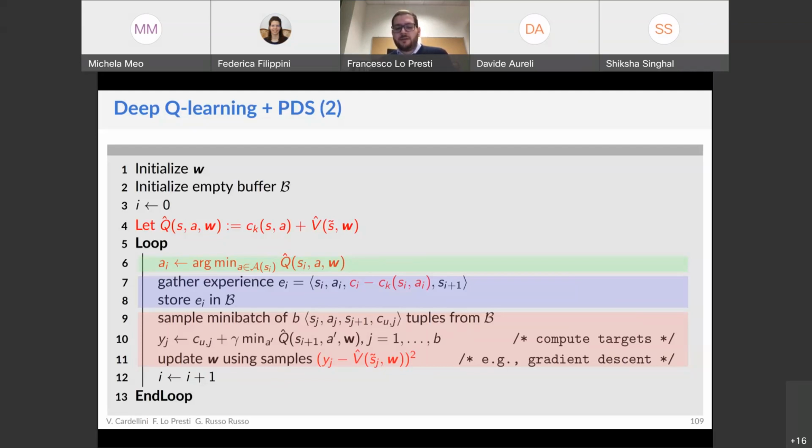When we store a new experience tuple in the buffer, we don't need to store the observed cost as it is, but we only need to store the unknown cost that we have observed at this time step. And to compute the unknown cost, we just subtract the known cost from the observed cost. And then we construct mini batches for training using these experience tuples, and we perform network training as in the previous example.